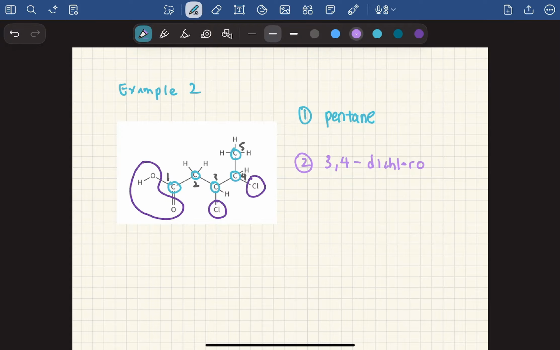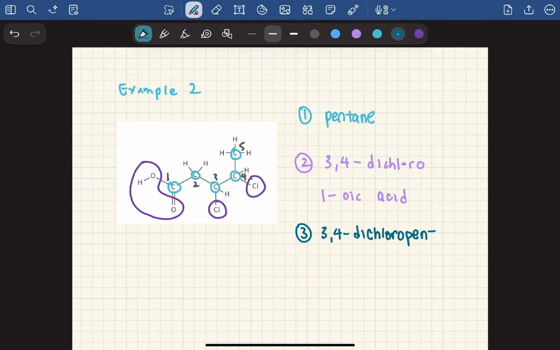So here we now know it's on position 1, which technically you just don't have to write in the name, but we'll see that. And then it becomes oic acid. And so this suffix will be attached to the pentane. So again, as we've said before, the halogens go first. So 3,4-dichloro, and then we directly write pentane.